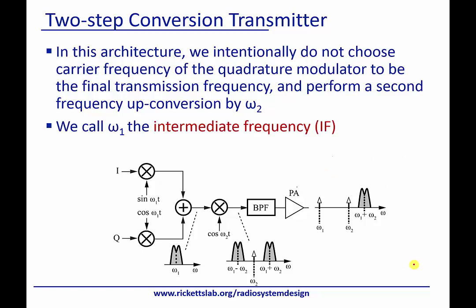And as you've seen all along, we call omega 1 the intermediate frequency, or IF, and so it's always going to be referred to as IF. Omega 1 will be the difference, or the offset, of the signal from our final RF carrier. And I should just mention too here that omega 2 is what we would call the RF signal, or the RF carrier.